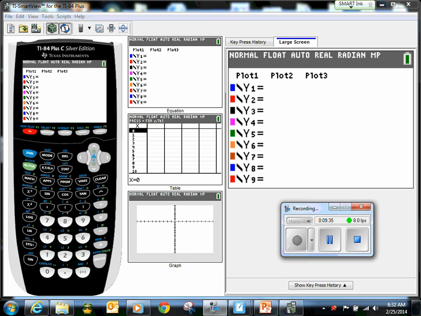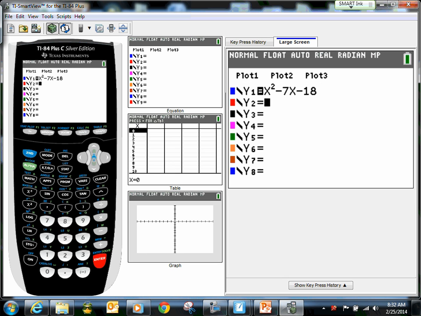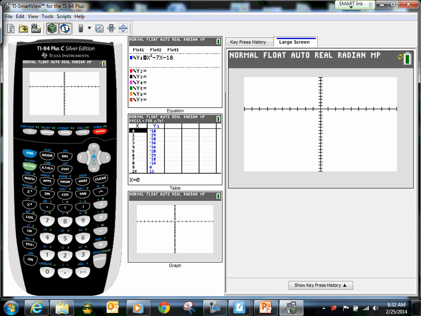I'm going to put in x squared minus 7x minus 18. All right. So now that I have that in, I want to go ahead and graph it, and take a look at this graph.